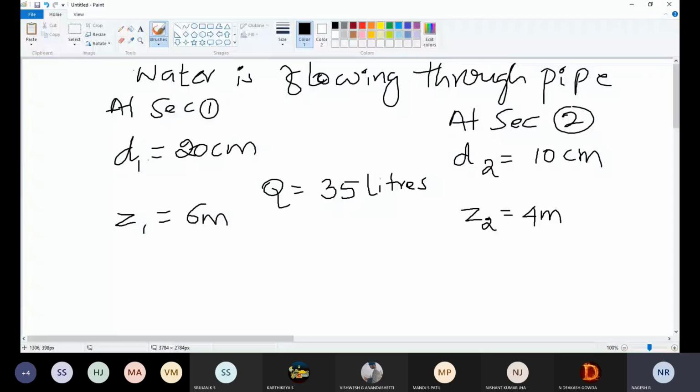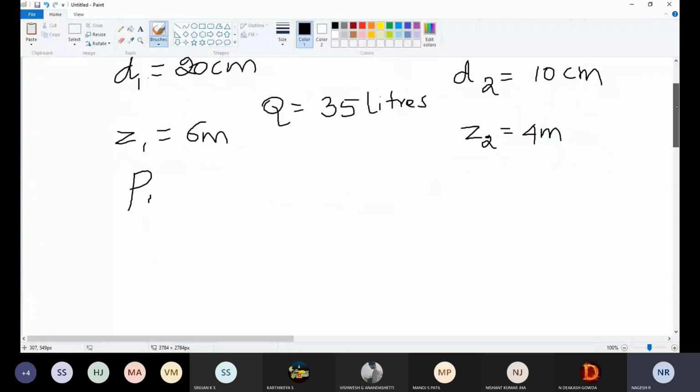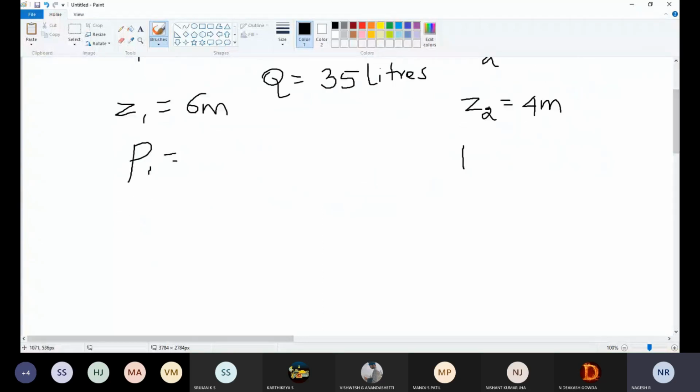Then what he has given: the pressure at section 1 is 39.24 Newton per centimeter square, find the pressure at section 2. Here he has given the pressure at section 1 and he is asking you to find out the pressure at section number 2.